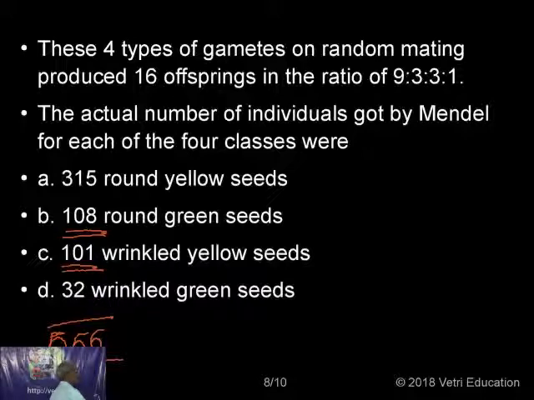And this is not 9 times this. If it is 9 times, it would be 27 here, this is more in number. See, there is a lot of fluctuation. This is not exactly 9:3:3:1.